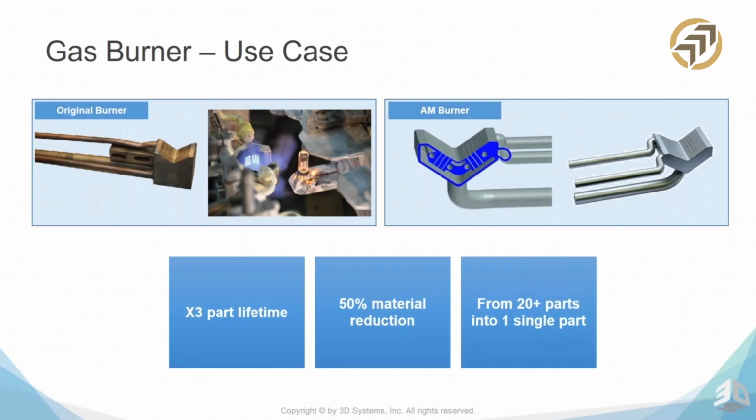And we reduced the complex assembly, which used to be more than 20 parts, into one single part. So although the new burners are approximately 20% more expensive to produce, they're in fact 60% more affordable when considering their tripled lifetime achieved because of the design in one piece and the optimized cooling.